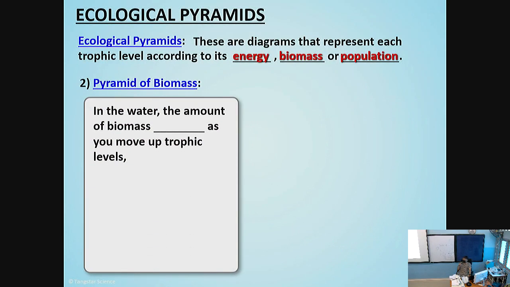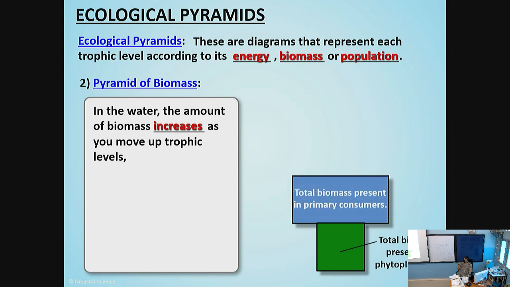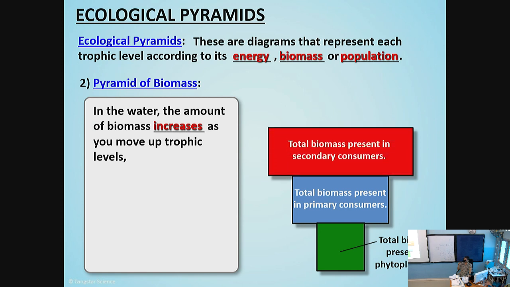if in the water, in the aquatic ecosystem, what happened to the energy? Increase, decrease. Okay, increase. So total biomass, you look at the figure in the aquatic ecosystem.